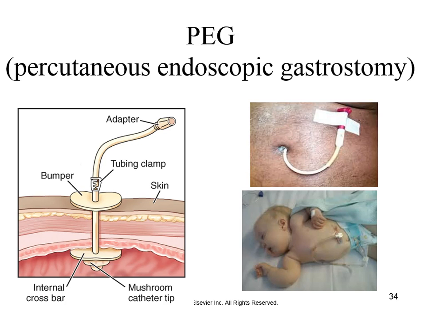All right, so here's an example of a PEG, or a percutaneous endoscopic gastrostomy. So this is a fancy type of gastrostomy. You can see on the left what is actually happening, and on the right what it looks like in real life.